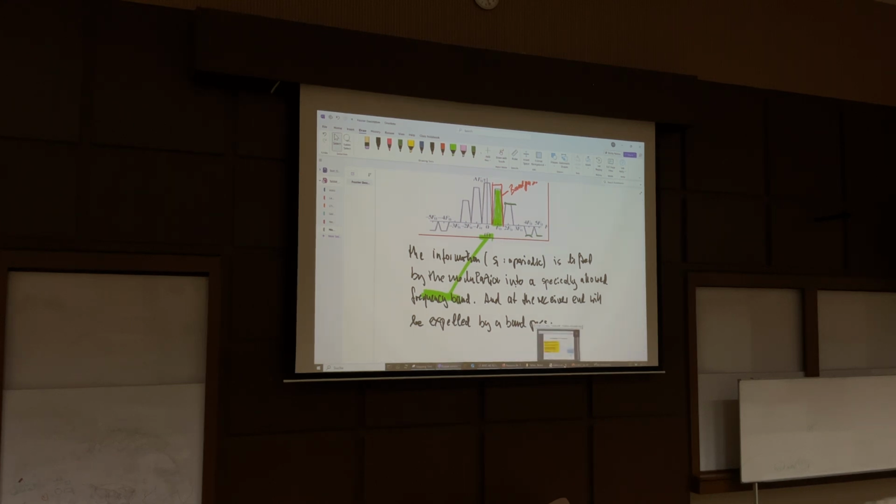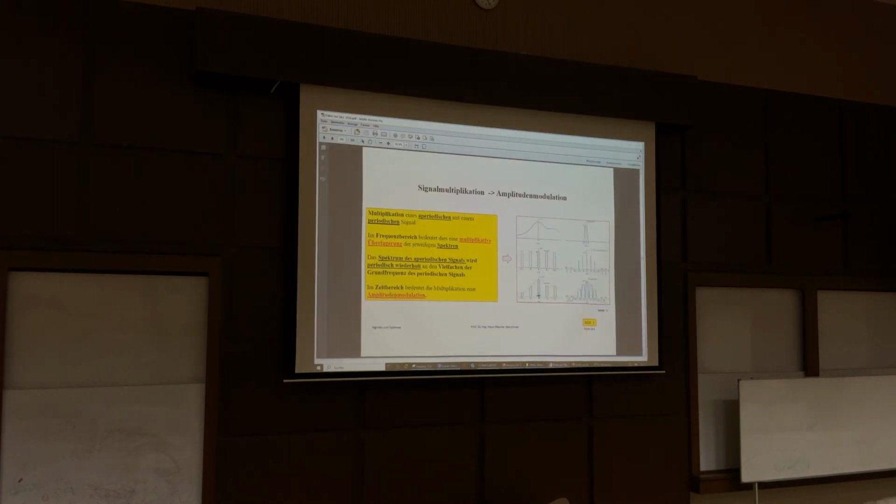Okay, and then of course with this spectrum you can make an analysis, an FFT analysis, and then you make a synthesis of your signal. But that's the reason why this multiplication is so important. So you multiply Multiplikation eines aperiodischen mit einem periodischen Signal. Die Frequenzbereiche bedeuten eine multiplikative Überlagerung der jeweiligen Spektren.